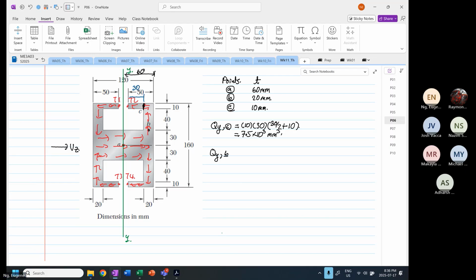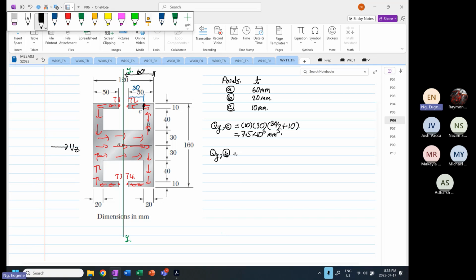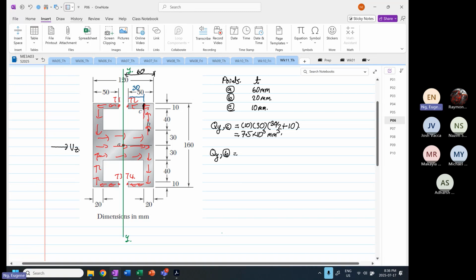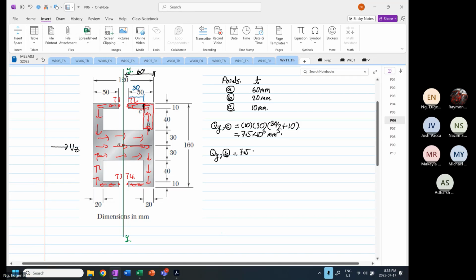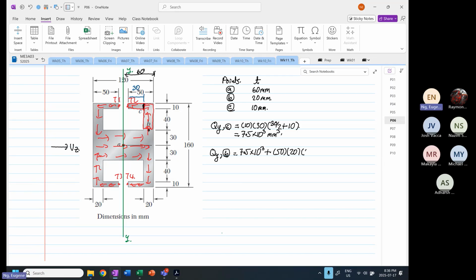at point B. Okay. So QY at point B, I will highlight to you, we are going to include this area over here, right, at point B. So we have to include 7.5 times 10 to the power 3. The width is 50. The depth is 20. The y bar is 60 minus 20 divided by 2. Let me check 60. Yep, 20 divided by 2. Good.